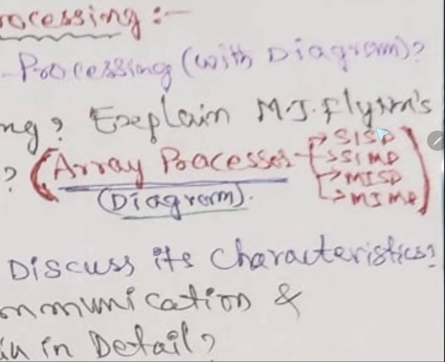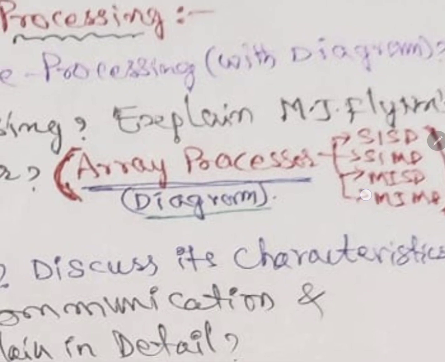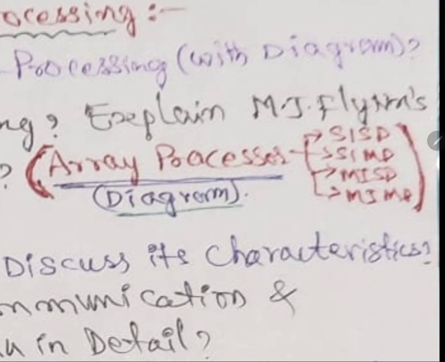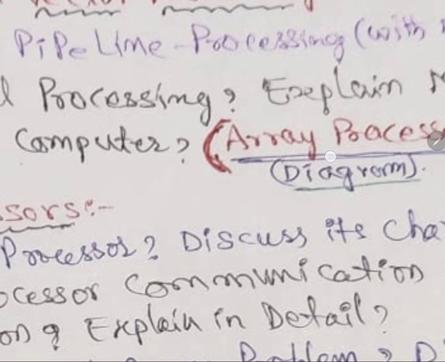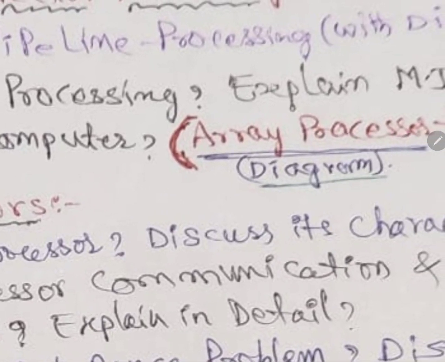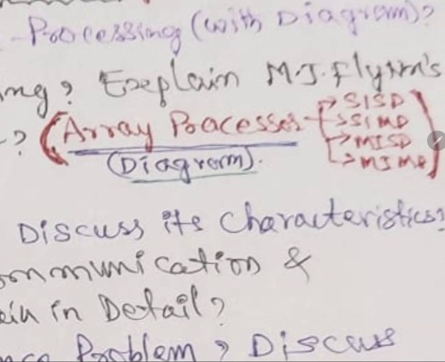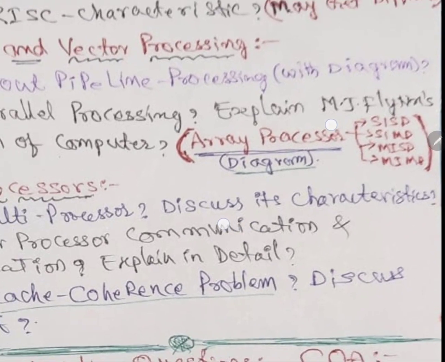See here, it's a scientist name, Flynn's, pronounced F-L-Y-N-N-S, Flynn's classification of computer. That is nothing but array processor only, which I told in my theory, but I had not given the scientist name, and I have shot it later on.